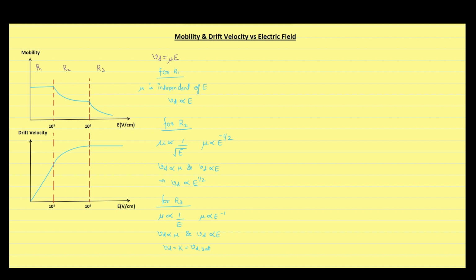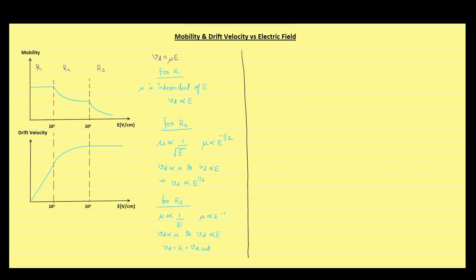You should remember that we have taken only rough values of electric field intensity of 10 to the power 3 and 10 to the power 4, but these values will change for different semiconductors, as well as for different carriers, meaning that the curve of drift velocity as well as mobility will be different for electrons and holes for the same semiconductor.